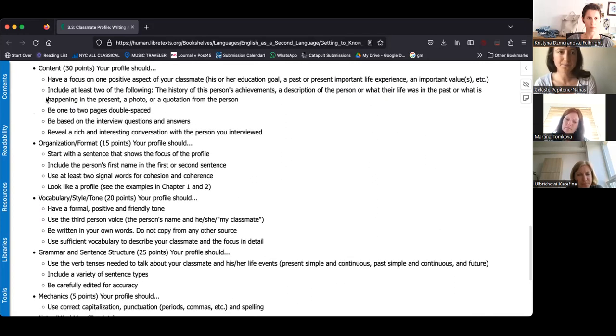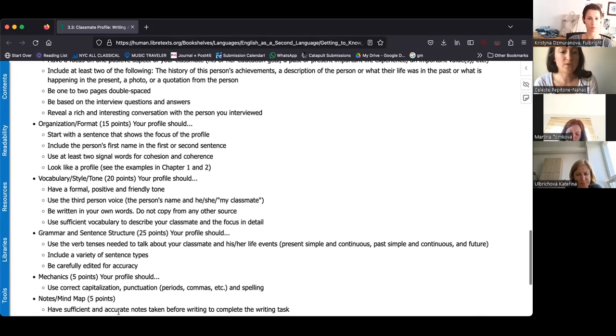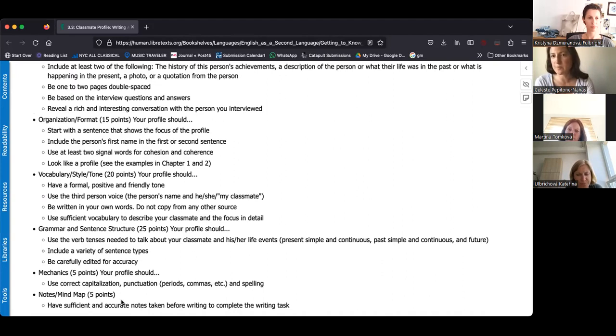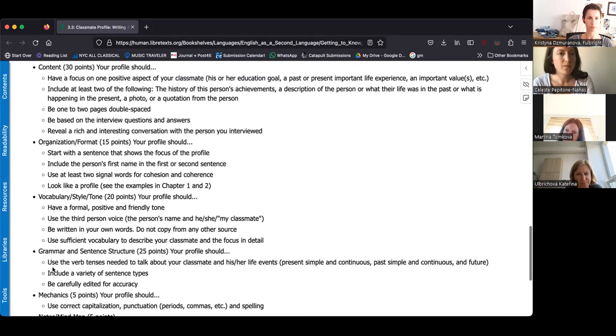So content, what the profile includes, organization, vocabulary, grammar, mechanics, which is a subsection of grammar, in my opinion. That's like punctuation. And then notes. So if you want your students to also submit any notes that they took during the interview process. And you can notice right away that grammar is not the most important thing. I think in the US, there's a heavy focus on content and organization.